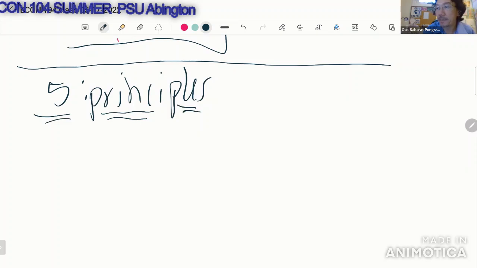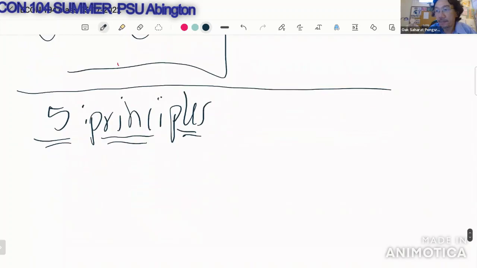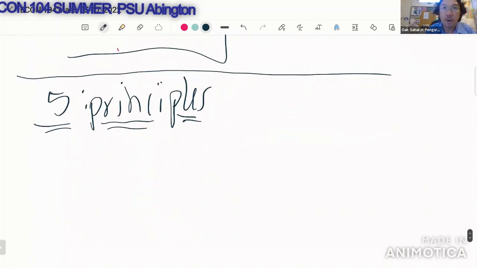But here are some key principles in understanding the benefits and the costs and making decisions in terms of the study of economics. For the most part, no matter what we learn in the next 12 classes or 6 weeks, if you want a quick off-the-cuff answer to any society or economic or social issues, come back to these 5 and you'll find some type of answer, maybe not 100%.